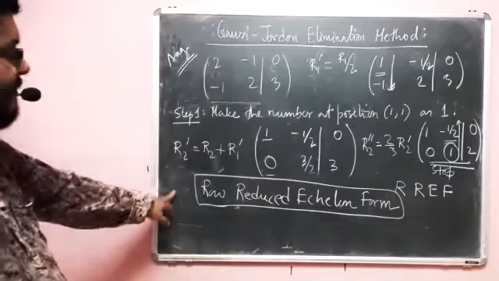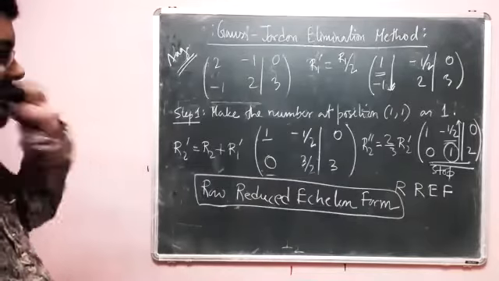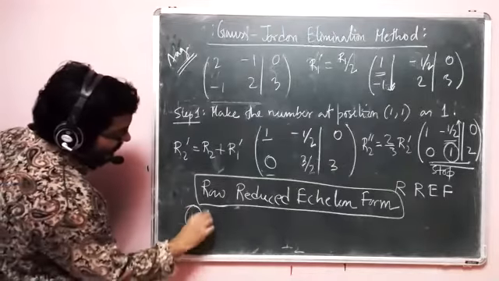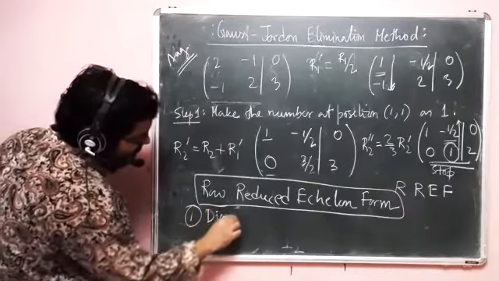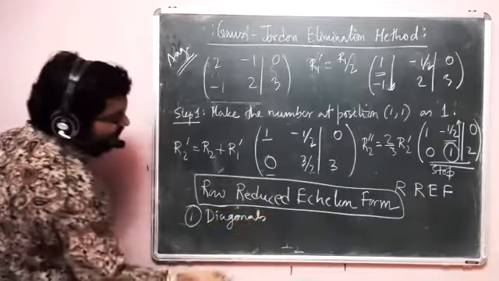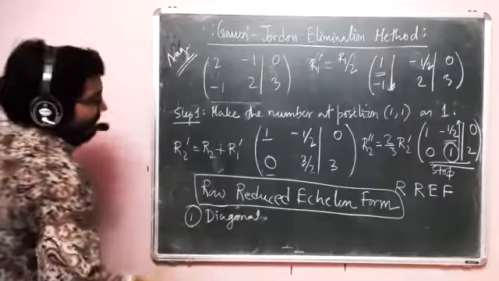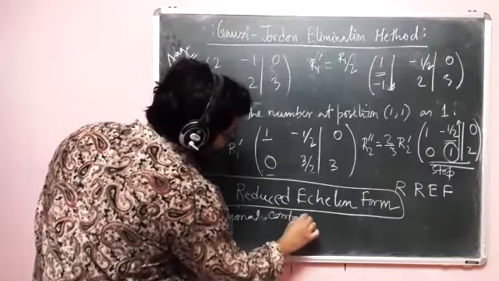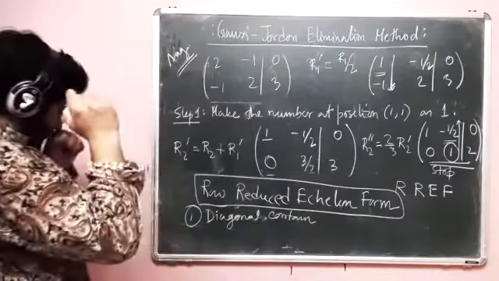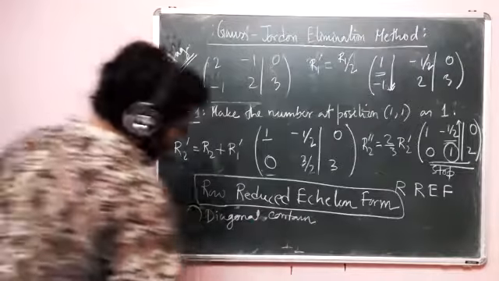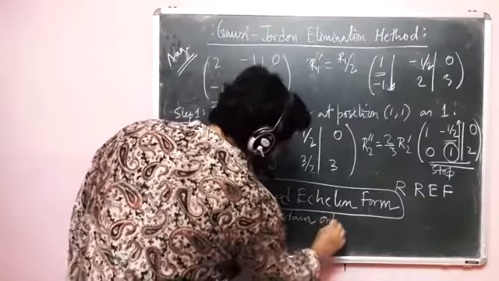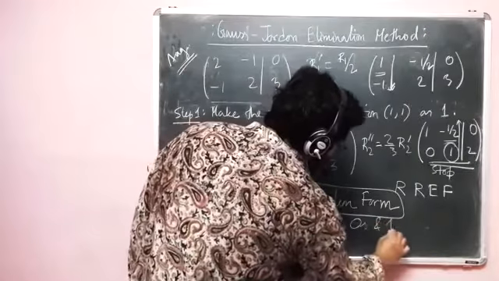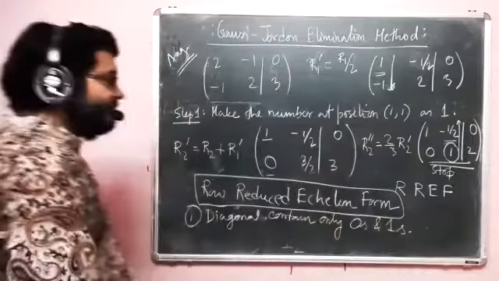So what is the speciality of this form? The speciality of this form is, number one, diagonal contain only zeros and ones. Okay.